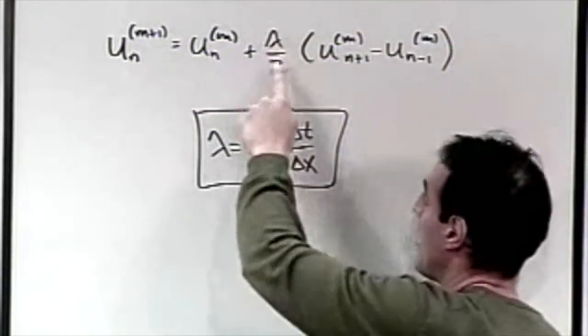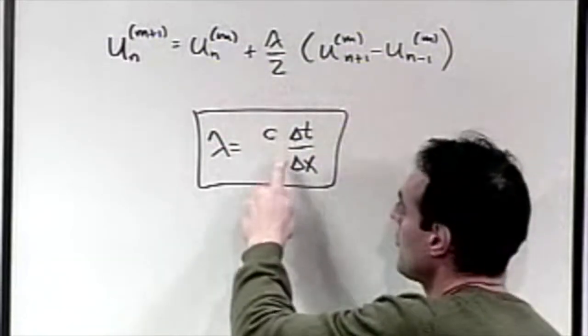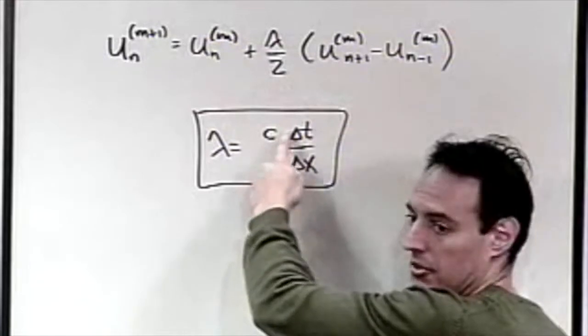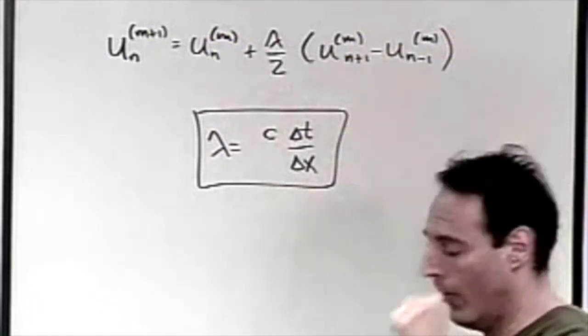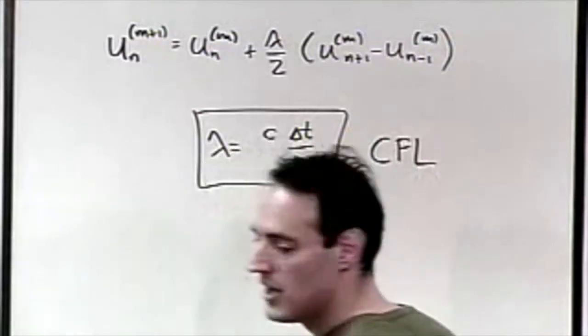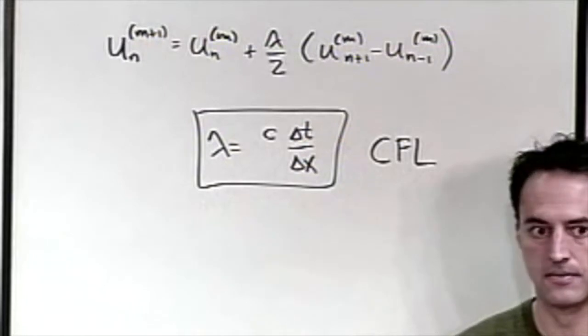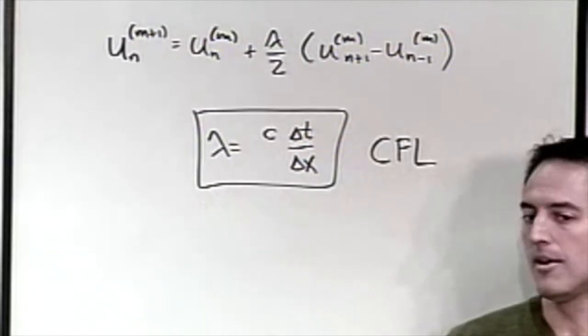And the important thing is to just have this lambda over 2 in front of this thing here, where lambda over 2 has the characteristic delta t over delta x. This lambda is called the CFL number, after Courant, Friedrichs, and Levy. It's a very important parameter.